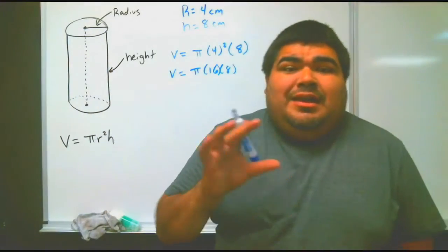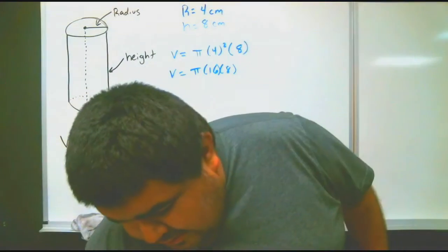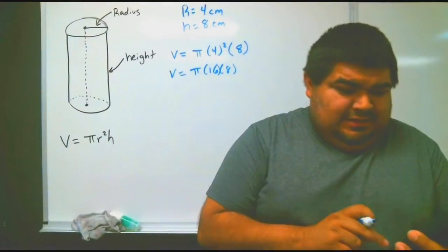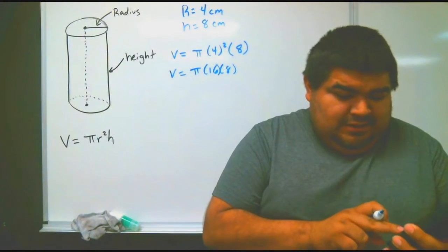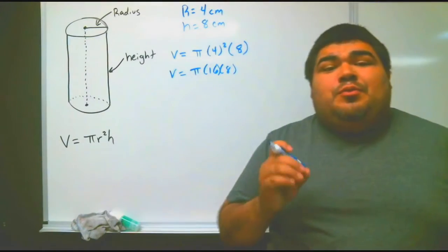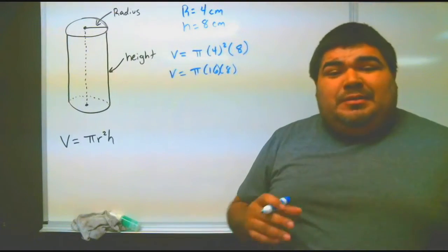Again, you can plug it all into the calculator, which in this case is 16 times 8 times pi. If you don't have pi on yours, you can use 3.14 as pi. I actually plugged in pi exactly.